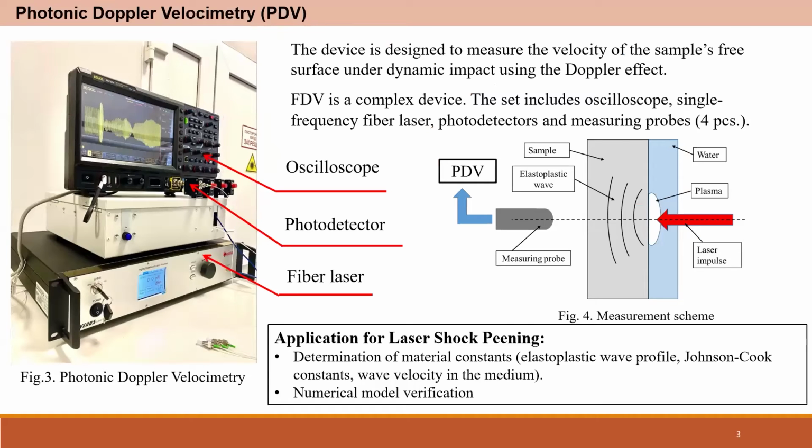And one more piece of equipment that we use for measurement of what pressure our laser installation can make. We use photonic Doppler velocimetry. It can estimate the pressure that we receive by means of measurement of the velocity of the rear surface of specimens.